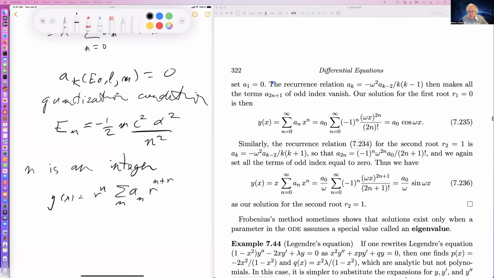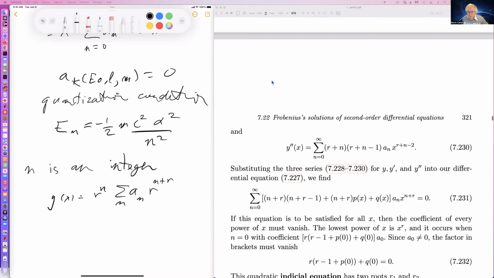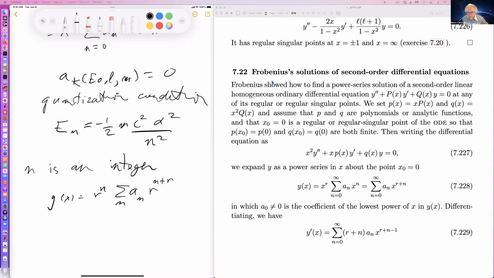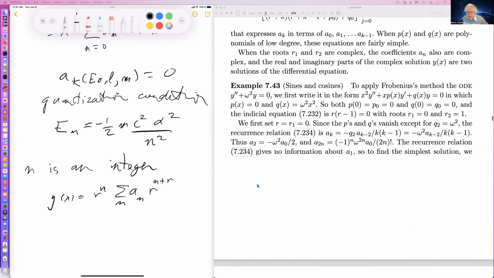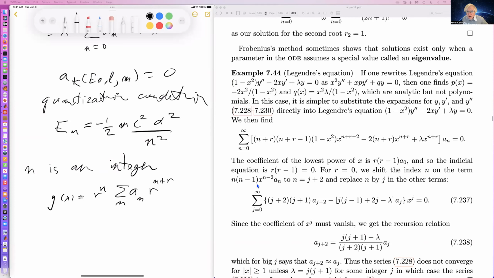I'm sorry, I've been interchanging the r variable with the r function. So let's go back. Okay, so that's y. This is going to be x to the n plus r.